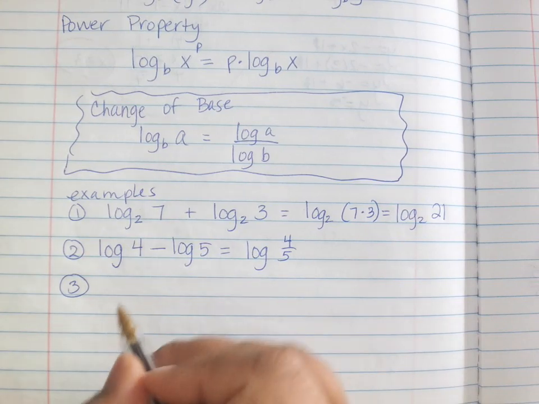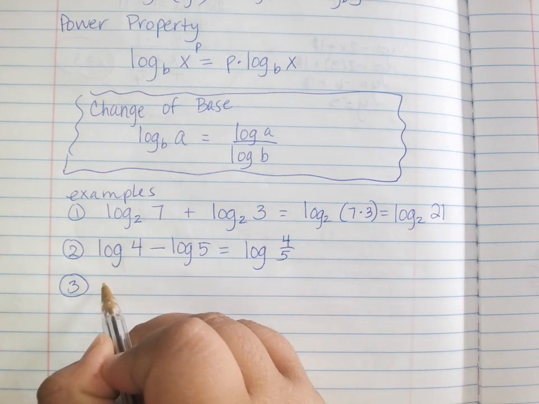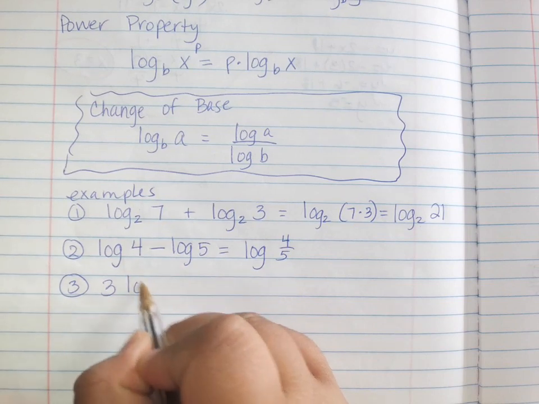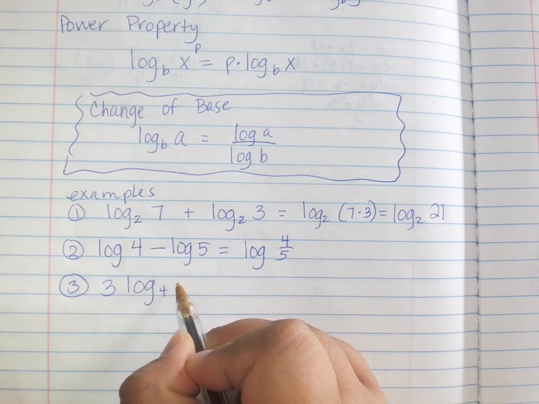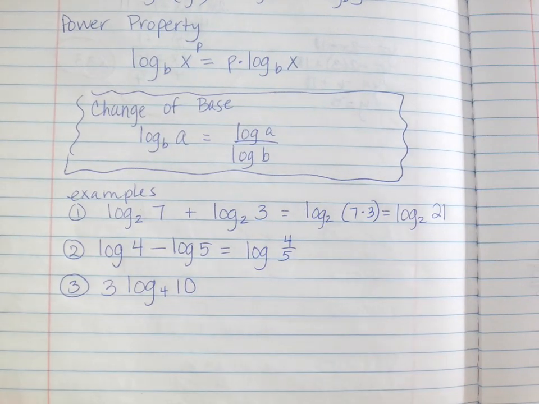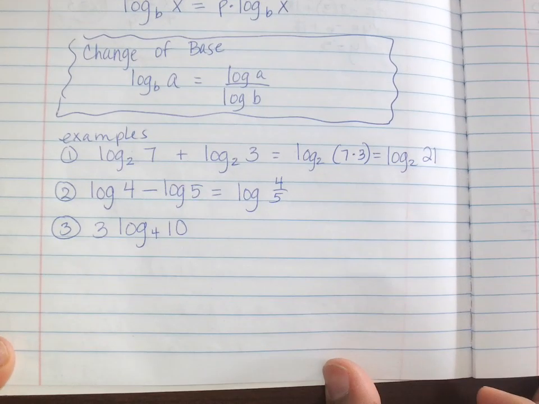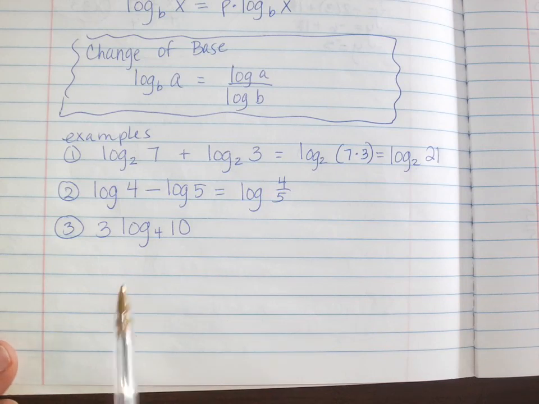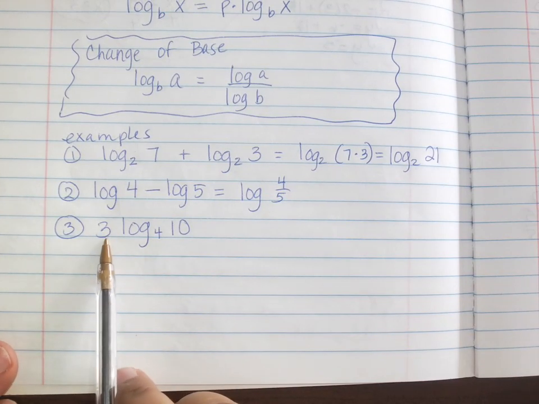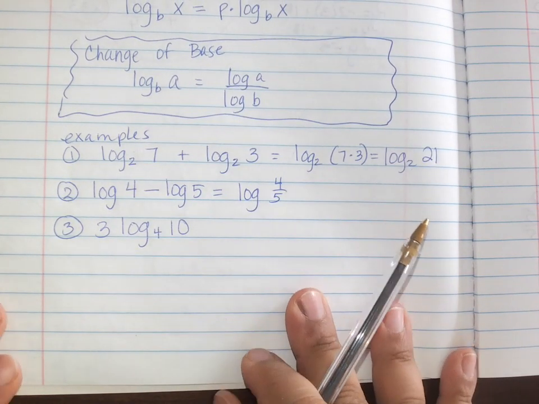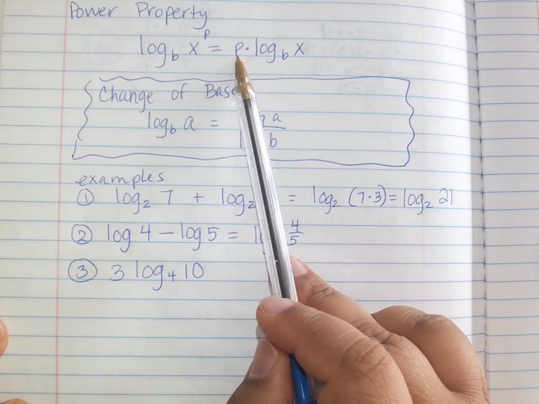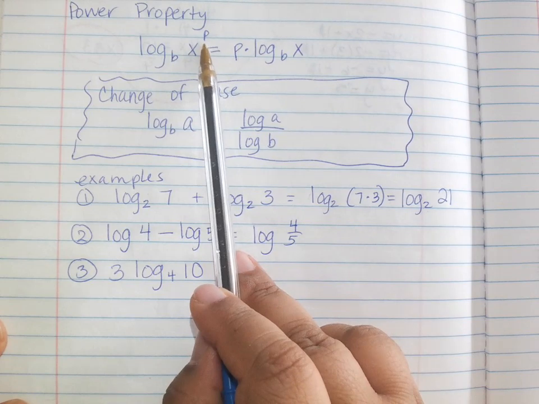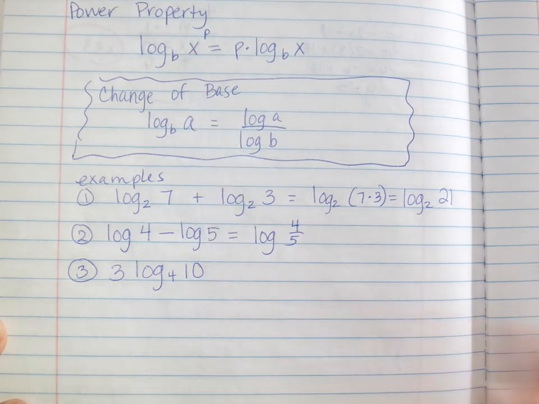Let's say I have 3 log base 4 of 10. Well, how can I simplify this? I know I can use a power property here. So remember the power property. When you have an exponent, you can bring it back on your number there.